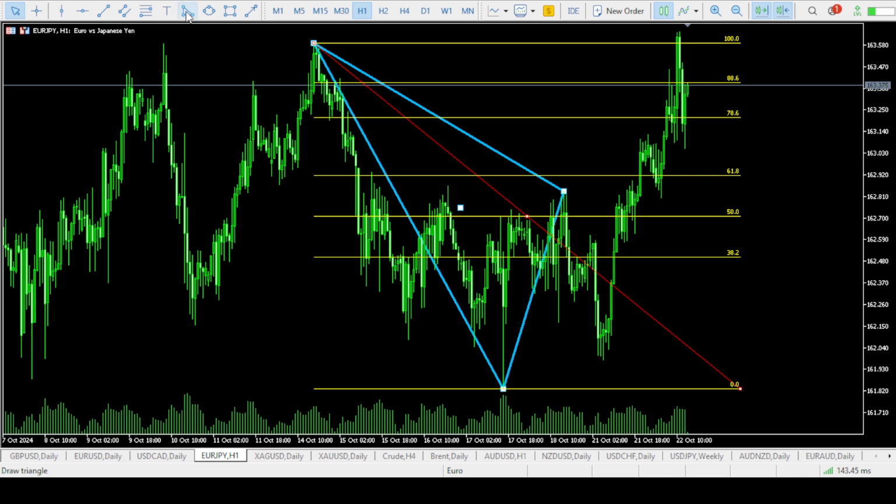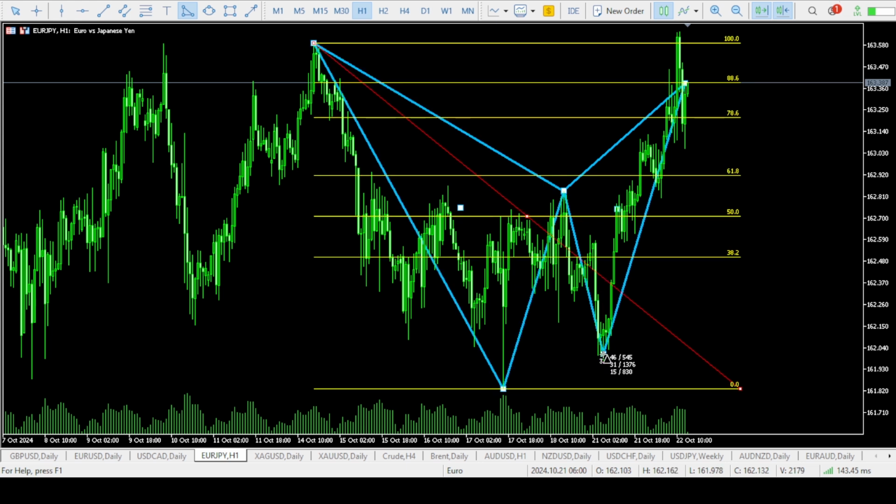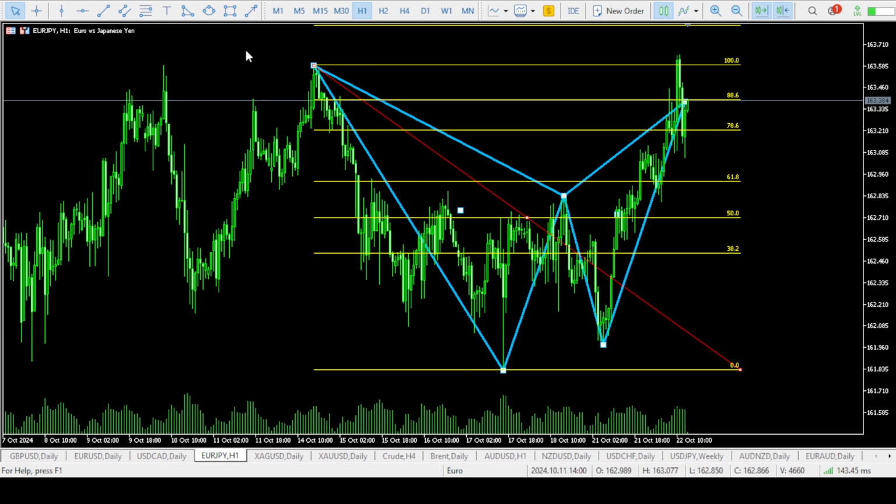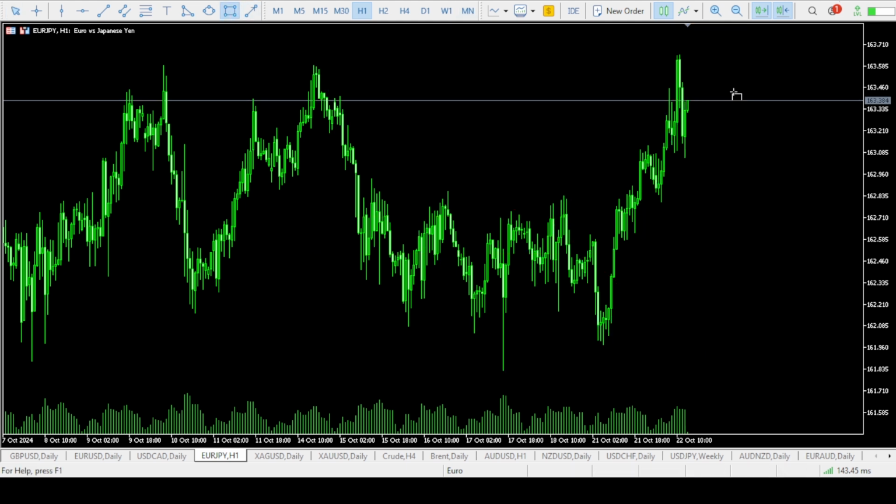Then from the 88.6 Fibonacci level down to this swing low, this is my area of interest. This is where I want to enter the trade without risking much of my fund.